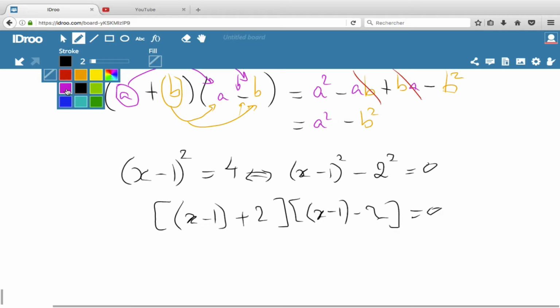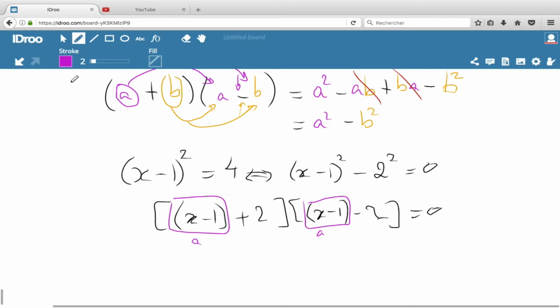This guy is A, and these guys are B. So that's the same. A plus B times A minus B. But we've done it on the reverse side.